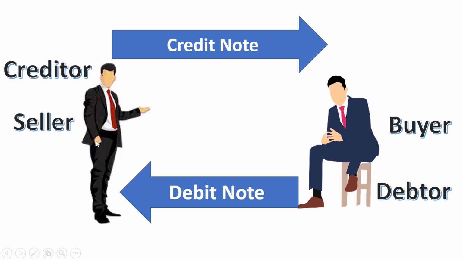Here the seller is Satyam Trading Company, and the buyer is Mahesh. When the seller sells goods to the buyer, he becomes a debtor, and after the debtor, Mahesh, returns goods, the seller, a creditor, issues a credit note to the buyer. Got it?